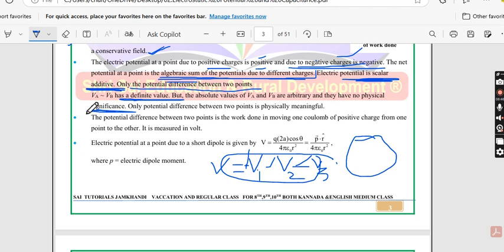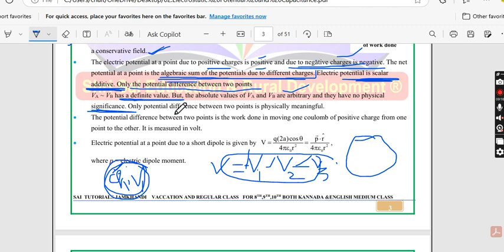Suppose I consider a point charge Q at A, the potential will be related to that point charge only. It is arbitrary and has no physical significance.